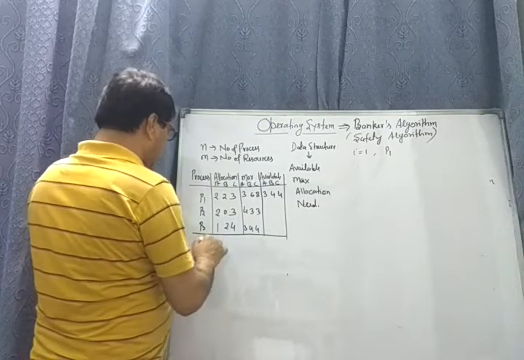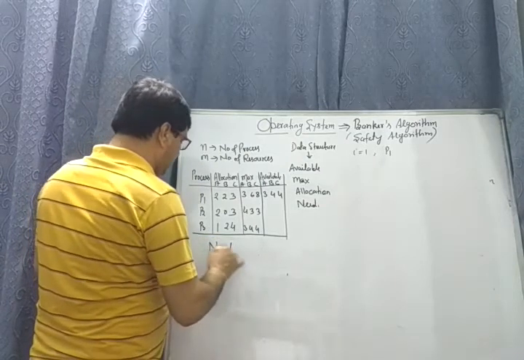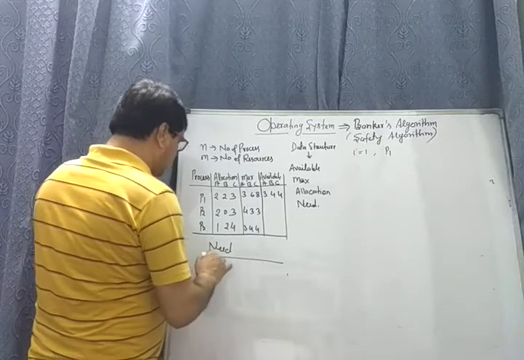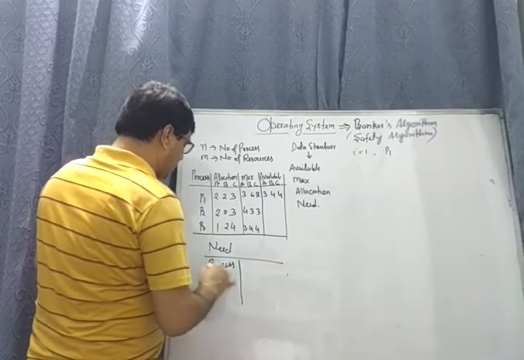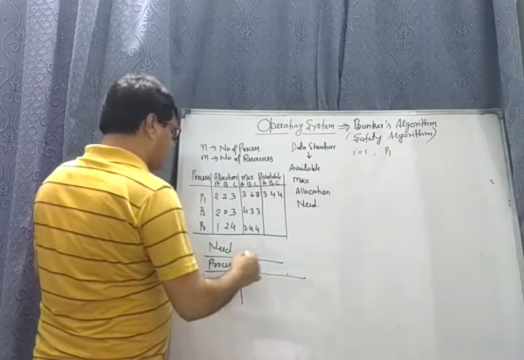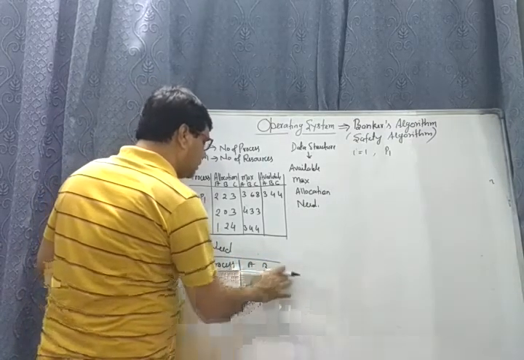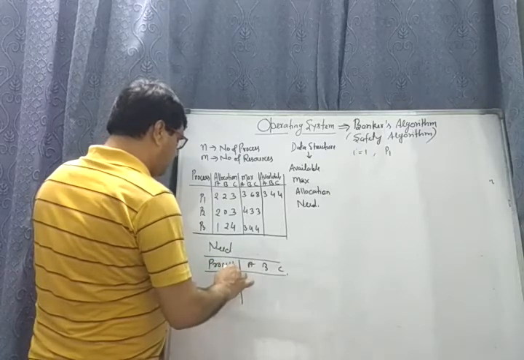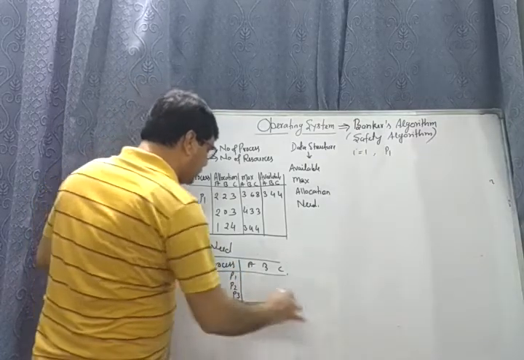Look here, need matrix. In the need matrix, here are the processes and A, B, C resources. Now process P1, process P2 and process P3.